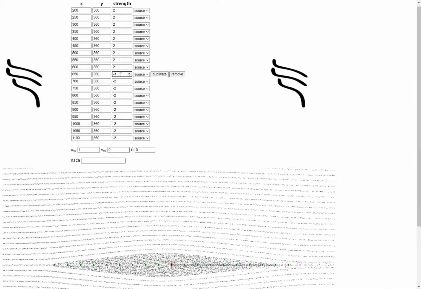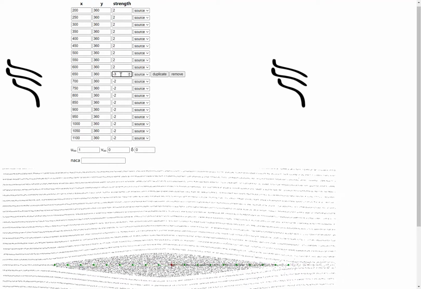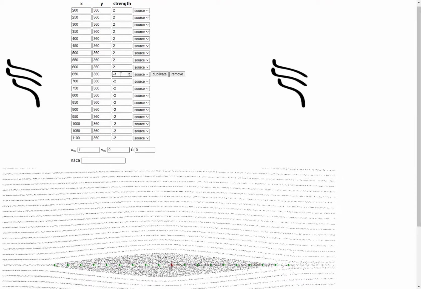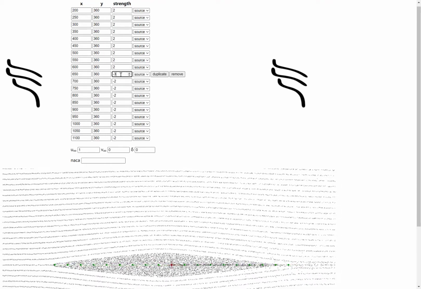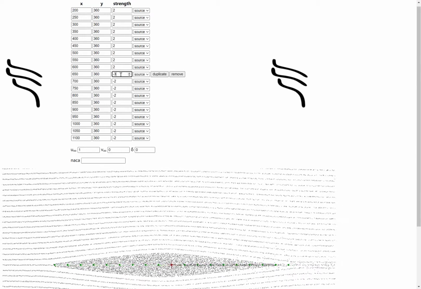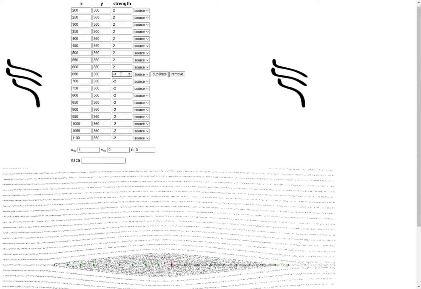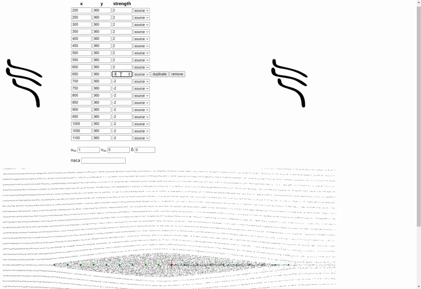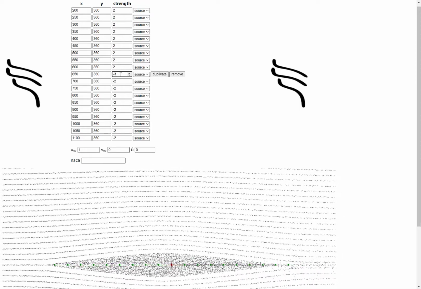It's not obvious because the strength is pretty small, but what you can see is that the streamlines terminate before the last sink, and the last sink therefore sucks a little bit of flow that came from the free stream, if you put a -3 here.